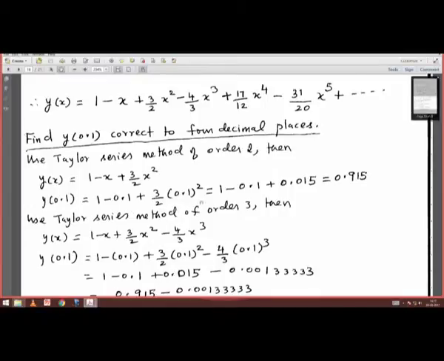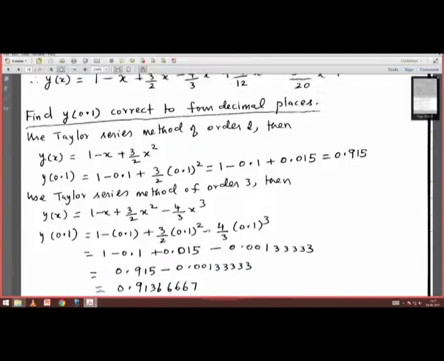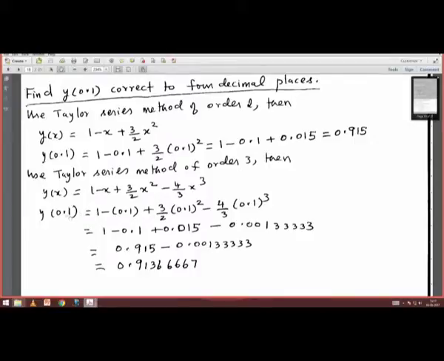So, I substitute these values and determine y at 0.1 to be 0.915. Since I want a solution correct to 4 decimal places, let me use a Taylor series method of order 3 now. Namely, I include the next term and then substitute x is equal to 0.1 and evaluate y at 0.1.